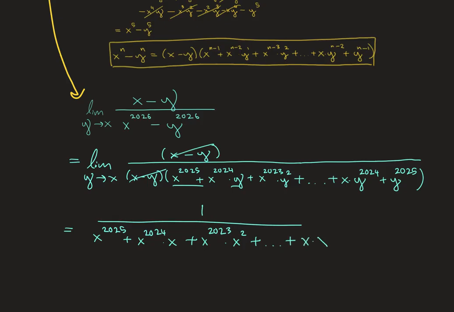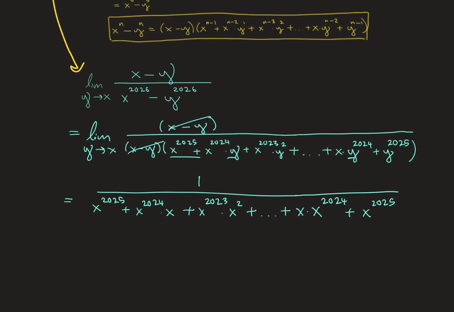X times x to the 2024. That's plugging x in right here. And then lastly, I'll have an x to the 2025. Know your exponent rules.